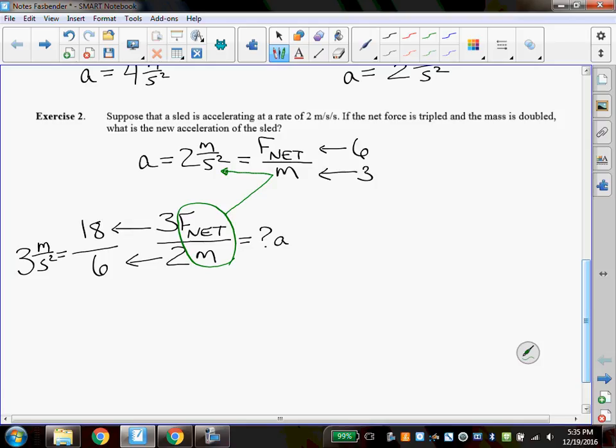So what we could do is say, all right, I got 3 over 2, but instead of writing F net over m, I'm going to write in that 2 meters per second squared. And by doing that, I get the exact same answer, 3 meters per second squared as the acceleration, which is awesome.